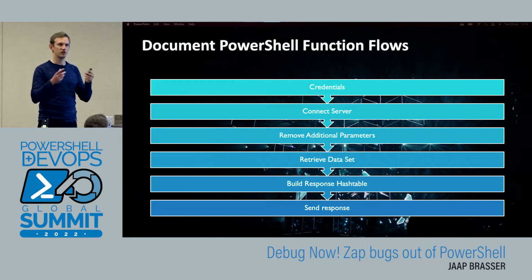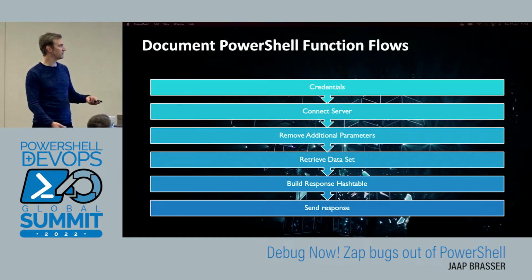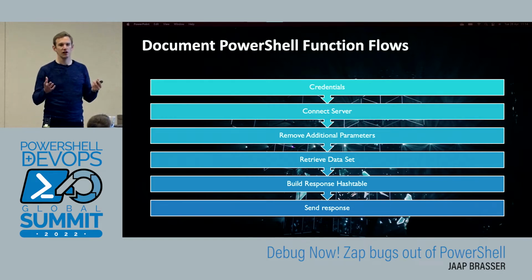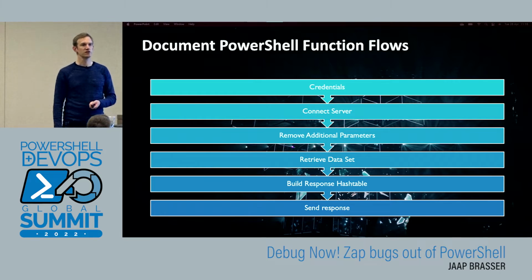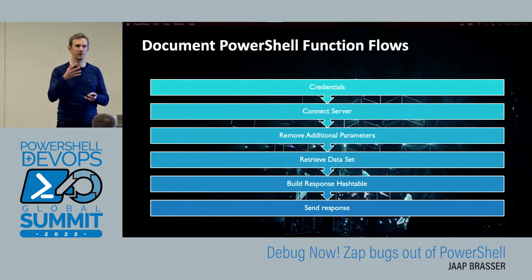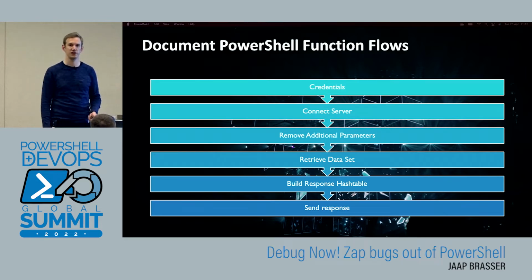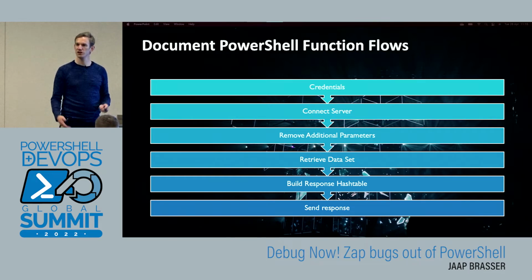In this case, it would take some parameters, but not all the parameters would have to go into the next command in order to get the data set, build a hash table, and then send the response out. So it was a very basic function, but by putting together those kinds of flows, we made it easier to explain to others: this is what we want to test, and this is what we are trying to achieve with these tests. So have a bit of visualization there. Does that make sense? Cool.